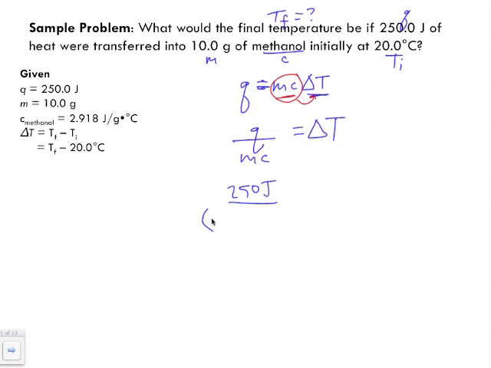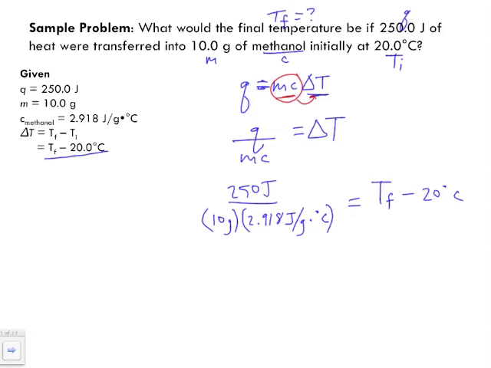So we've got mass, which is 10 grams, multiplied by my C value, which is 2.918 joules per gram degrees Celsius, equals delta T. And our delta T we've broken down to being TF, our final temperature, subtracted by 20 degrees Celsius.